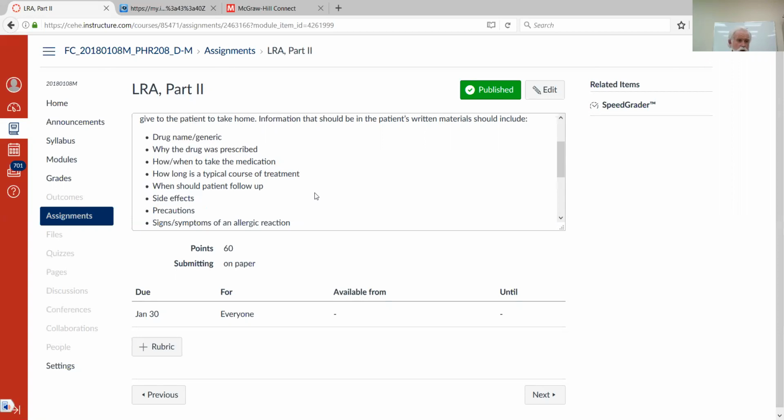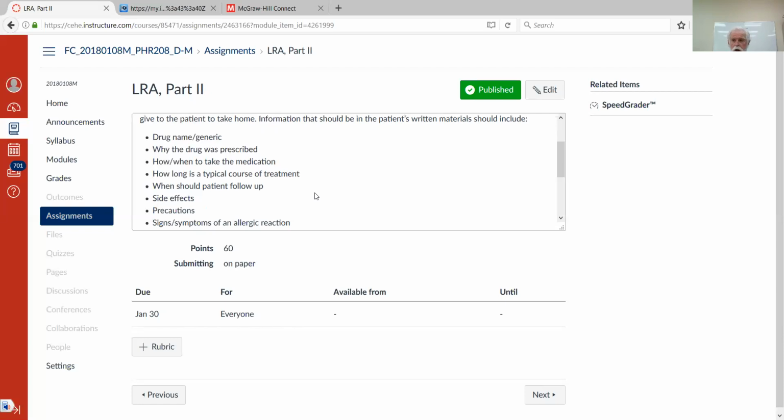So you want to know how long that treatment is. For things like Seroquel or albuterol, basically you're going to take it for life. It's going to be a long course of treatment. You're going to take it as long as the drug is being effective. Okay, so that would be a typical course.